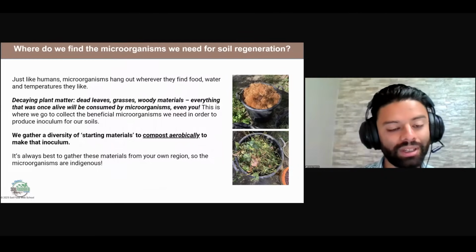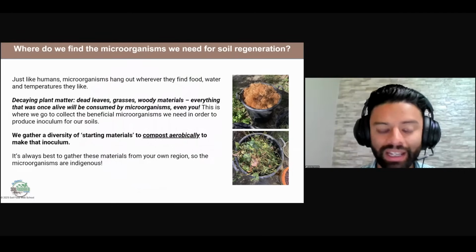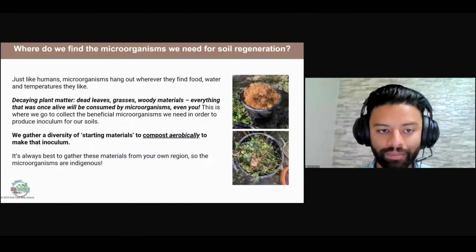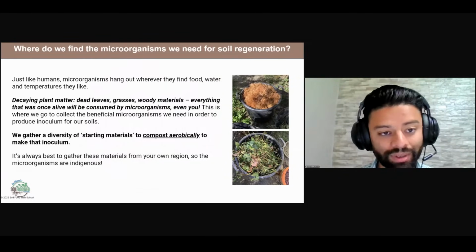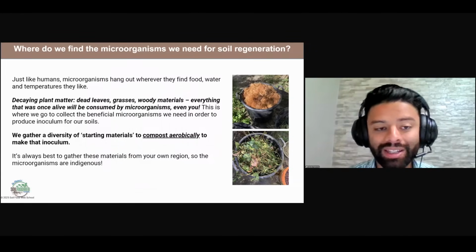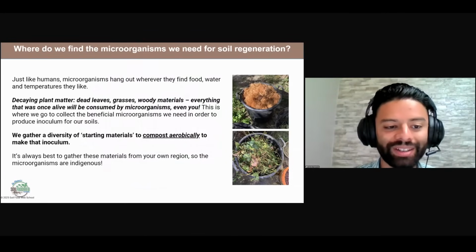And let me tell you, it's not any recipe, it's not any set of materials, and it's not any process that gives you high quality compost, high quality inoculum. You really have to be careful about the way you are making it, about the proportions of the different materials, so that you can really get to a high quality product, because we know it's not just organic matter. It's basically what lives in that organic matter, what we need.